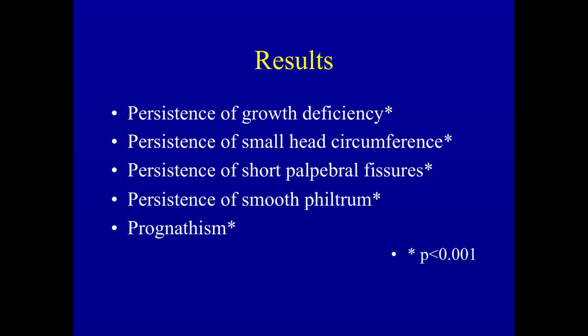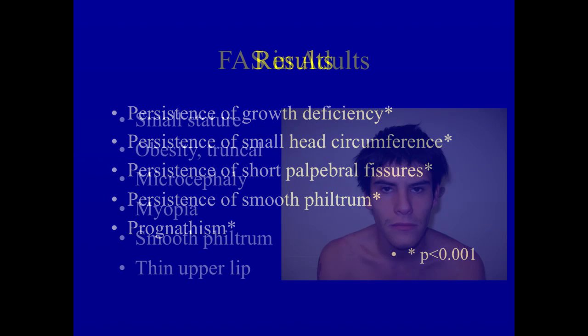Our data showed that growth deficiency, mild microcephaly, short palpebral fissures, and smooth philtrum reached statistical significance when we examined the children at birth, in first grade, and as they were older, in comparison with controls. With older children, the jaw became heavier as well.